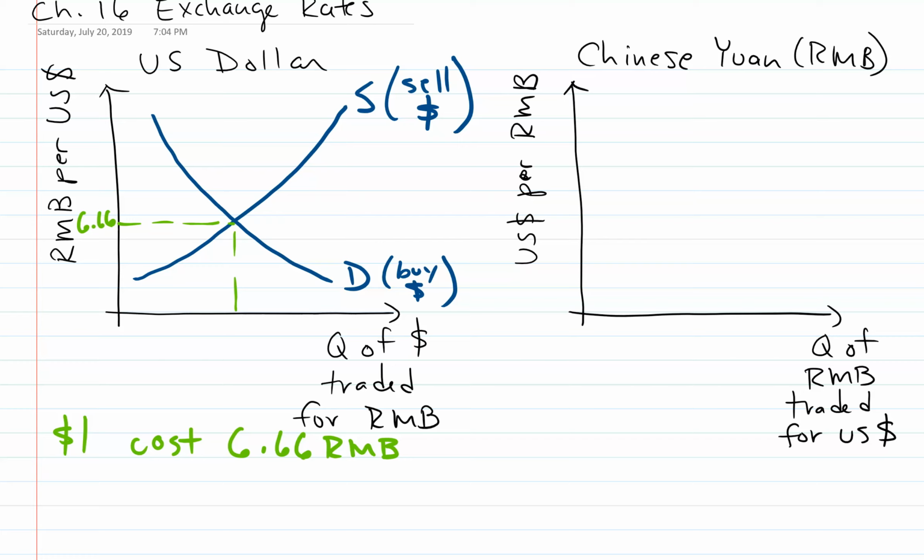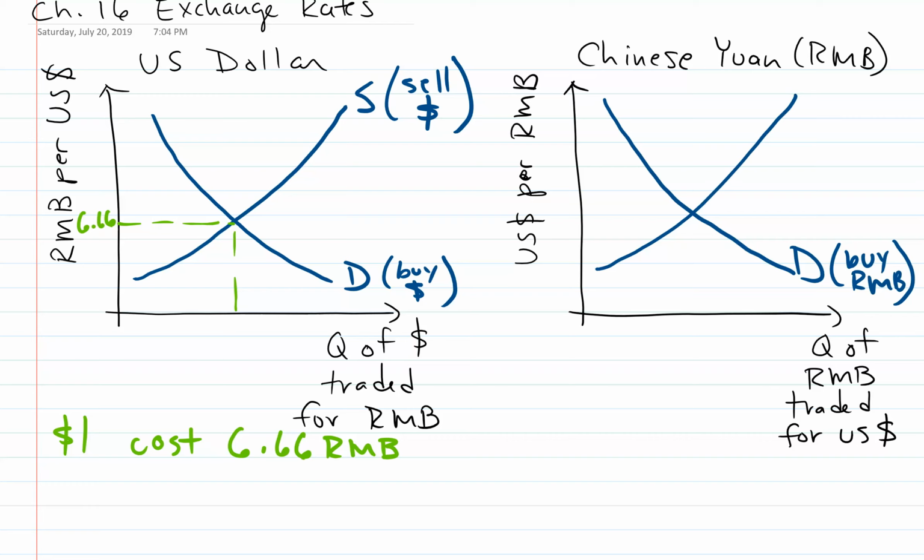And these two things are going to be directly related to each other. Now in here our demand is people buying RMB, and these ones want to sell it. They're selling RMB.